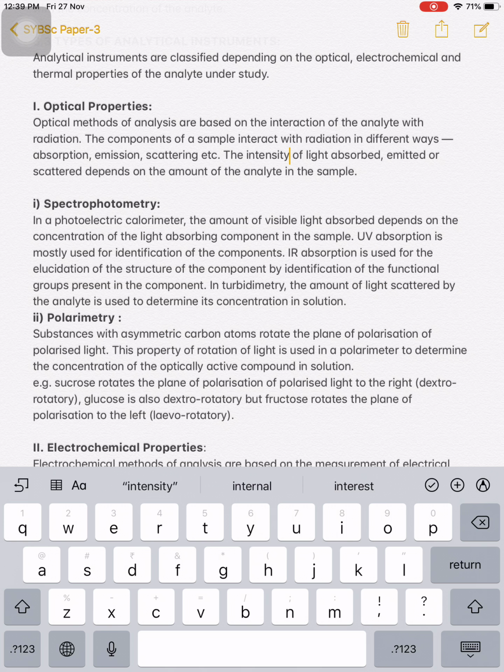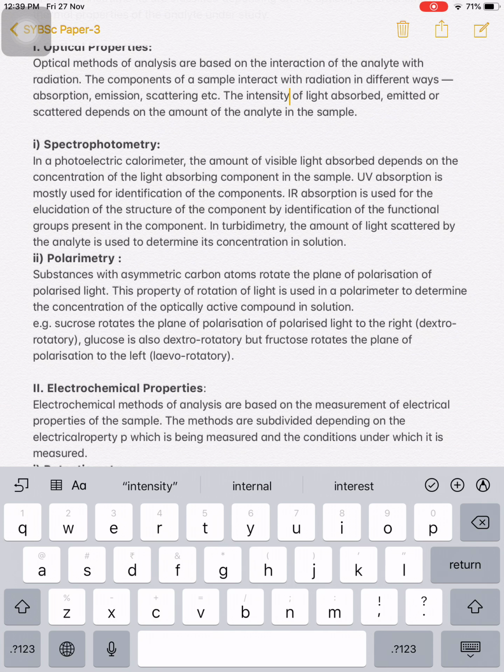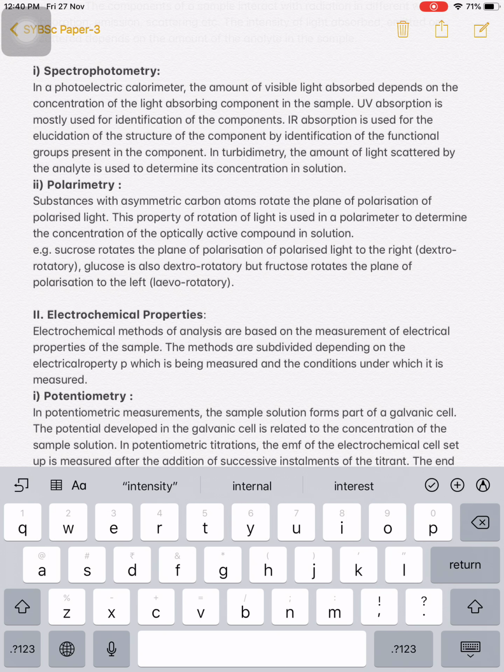The intensity of light absorbed, emitted, or scattered depends on the amount of analyte in the sample. How much analyte is present in the sample, depending upon that concentration, the light may be absorbed, emitted, or scattered. So the first instrument is spectrophotometry.